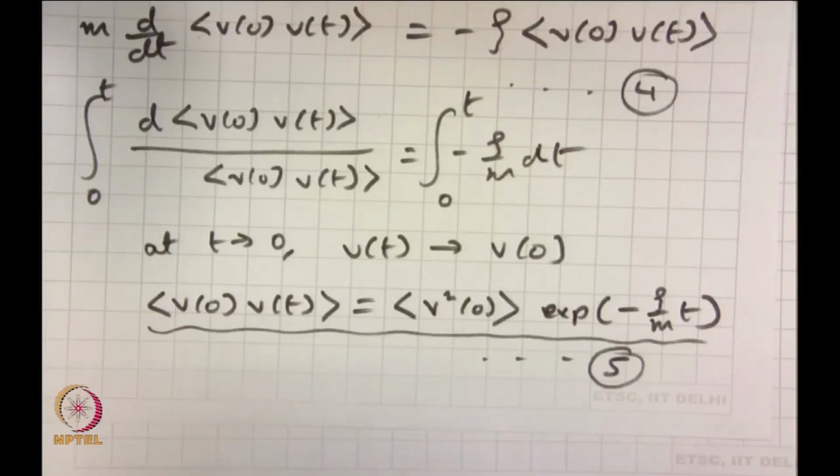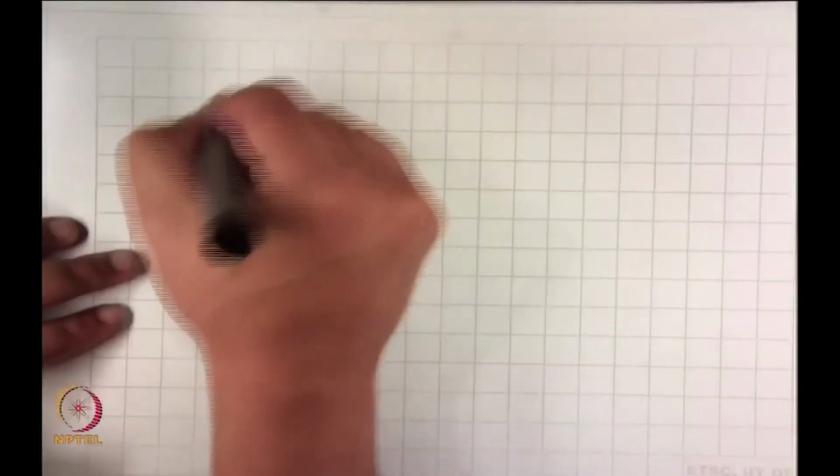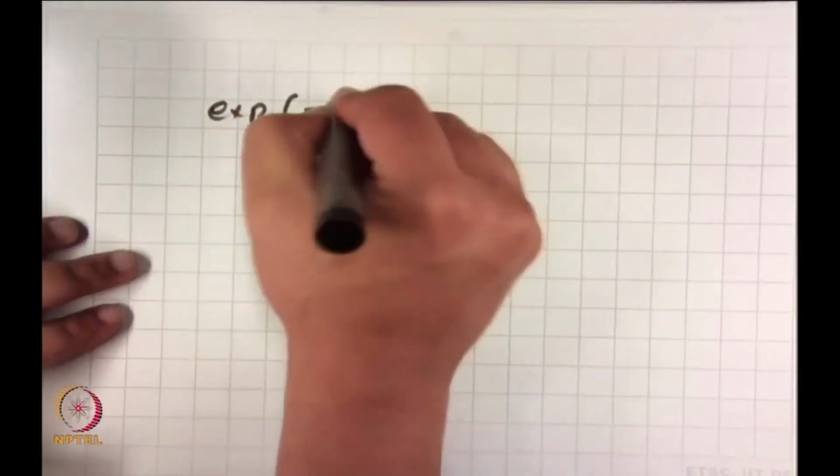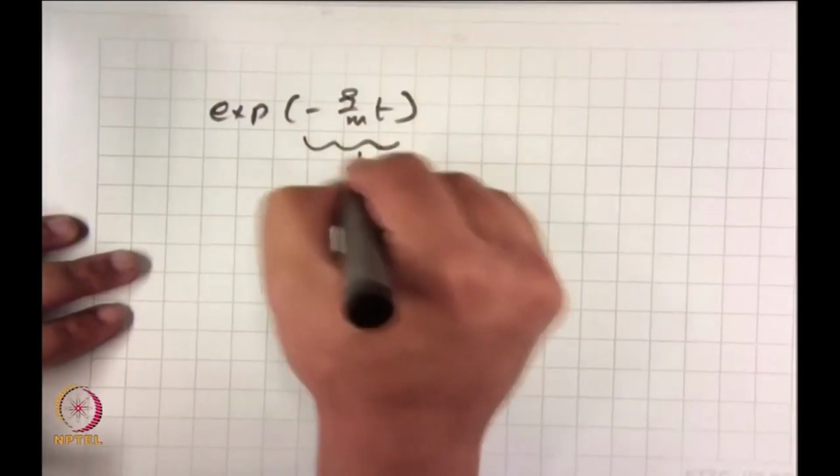Now, tell me this, I am sure you know, if you have anything in the exponent, then that should be dimensionless, it should not have any units, same for log. If the exponent has to be dimensionless, that means the exponent minus xi by m t is dimensionless.